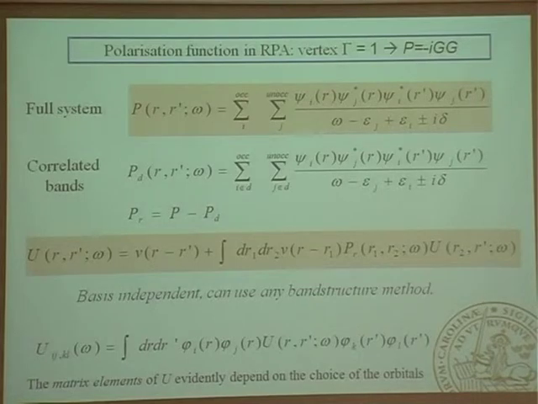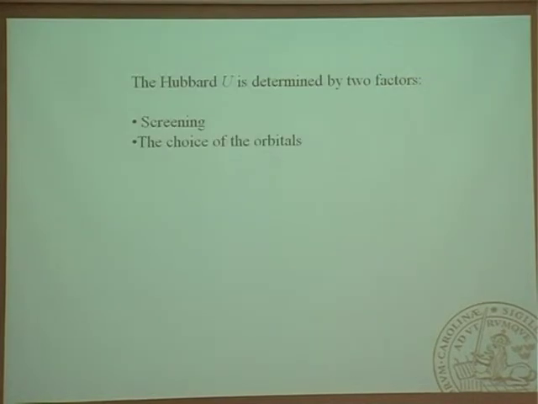Okay, so it's clear. I would like to make a remark that the Hubbard U is determined by two factors: the screening, obviously, and the choice of the orbitals.